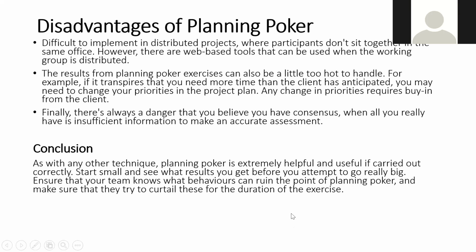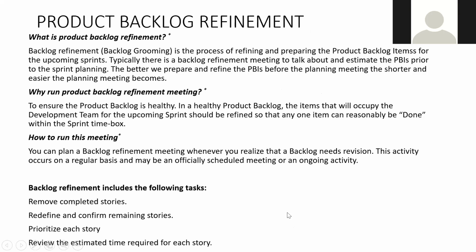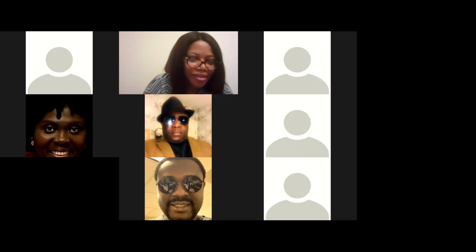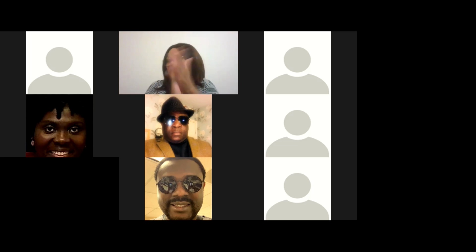And I believe that's the end of my presentation. Yeah, so this is on product backlog, which I said I've had to forgo, as Grace has already done justice. Thank you very much. Any questions?